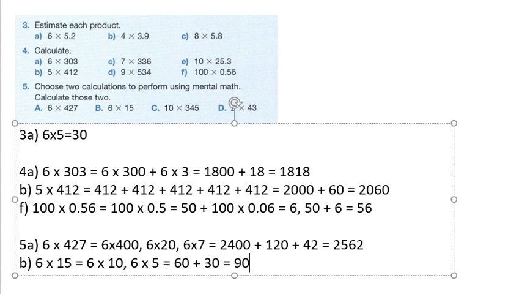So that would be 90. So I just pulled the number apart. This is not the only way of doing it. If I wanted to, I could have, for example, done 15 added up 6 times. I could have done 15, 30, 45, 60, all the way to 90 if I want to do that too. Those are all valid ways of doing it using mental math.